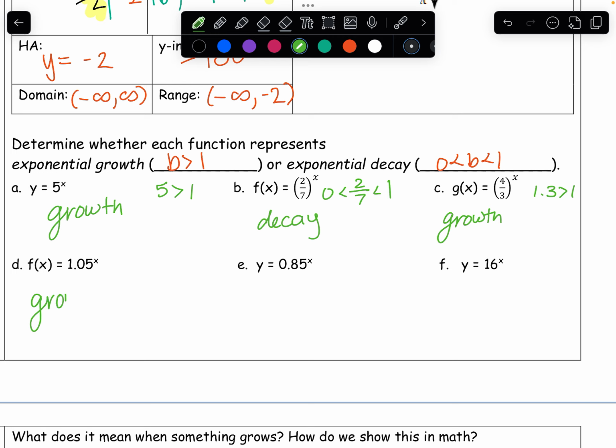D, also growth because 1.05 is greater than 1. E, this is decay because 0.85 is between 0 and 1, finishing with F, which is also growth because 16 is greater than 1.